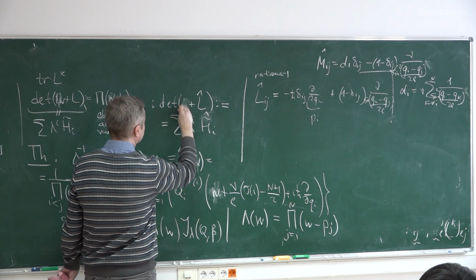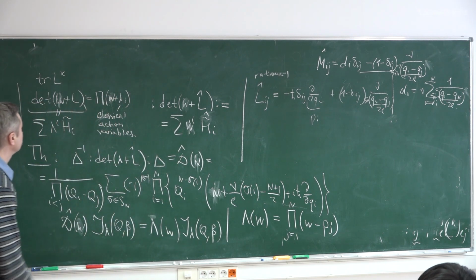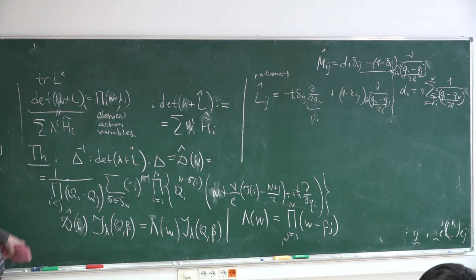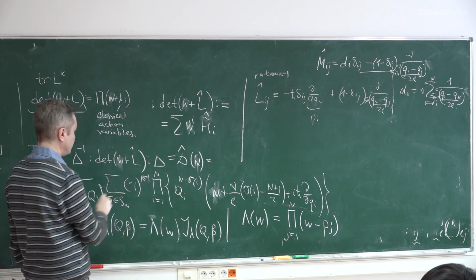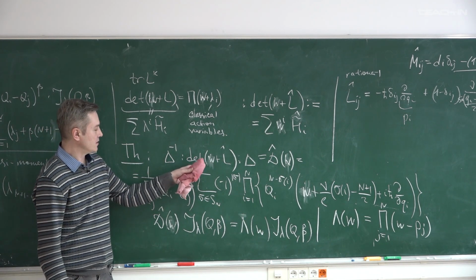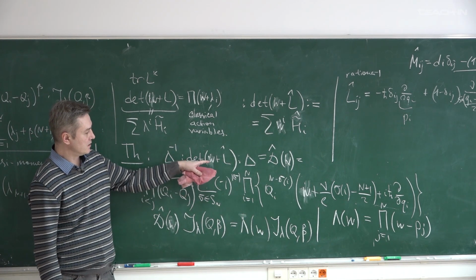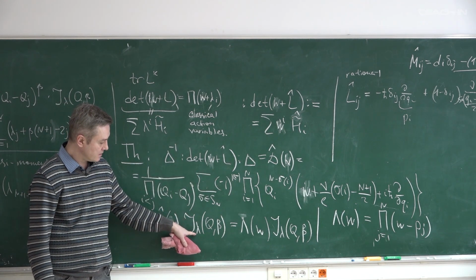Here it is not a partition. It should be some variable W, and we should put also W here. Then this is a generating function of operators in this variable W, and the partition appears in the eigenfunctions.